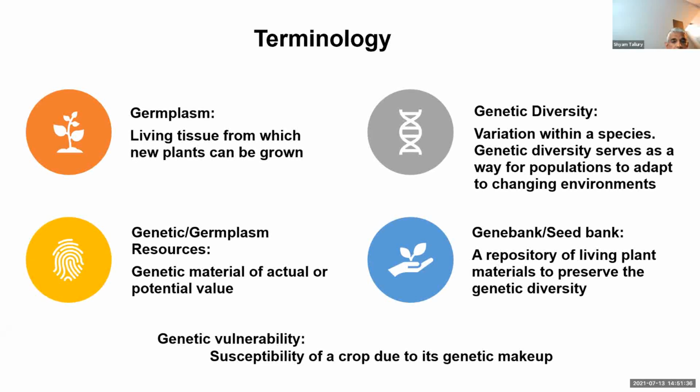We just heard about nematode resistance in stenosperma and multiple disease resistances coming from batizocoi and stenosperma in Dr. Birdie Early's talk and Carolina's talk. So those are the germplasm resources. They have genetic material of potential value.